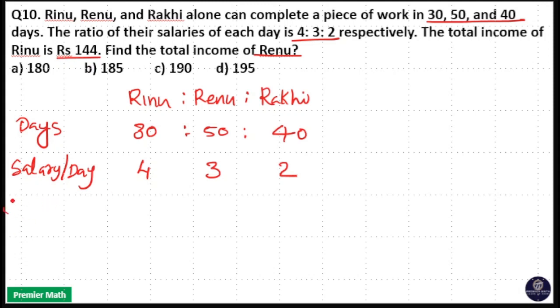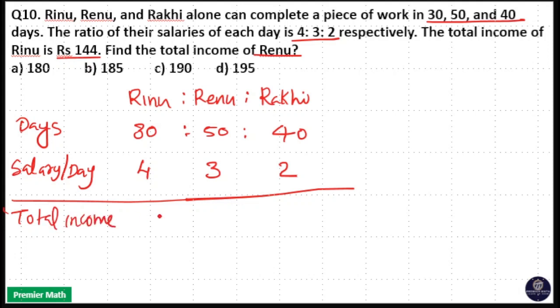That means their total income is 4 into 30, 120, 3 into 50, 150, and 2 into 40, 80. So 0 cancels out. 12 is to 15 is to 18 is the total income.